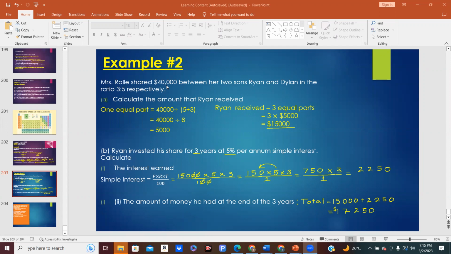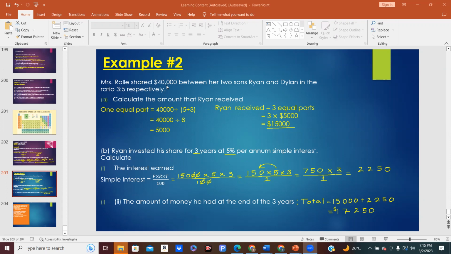So before you do that, you have to figure out what simple interest is. You multiply principal times rate times time over 100. So you get 15,000 times 5 times 3 over 100. You have to cancel out the zeros, and when you cancel out the zeros, you get 150 times 5 times 3 over 1.